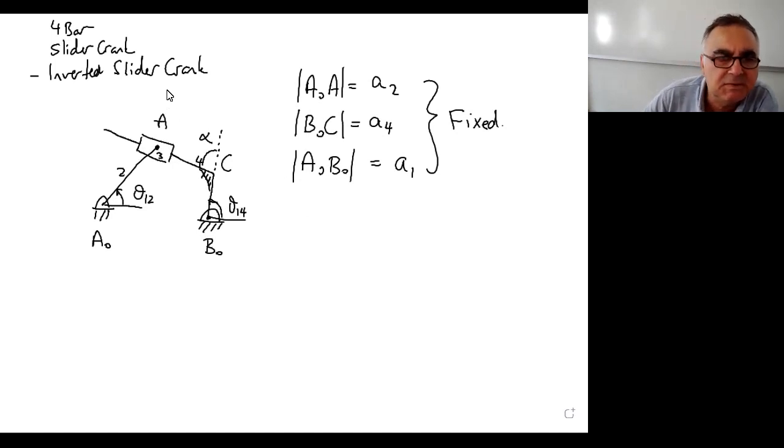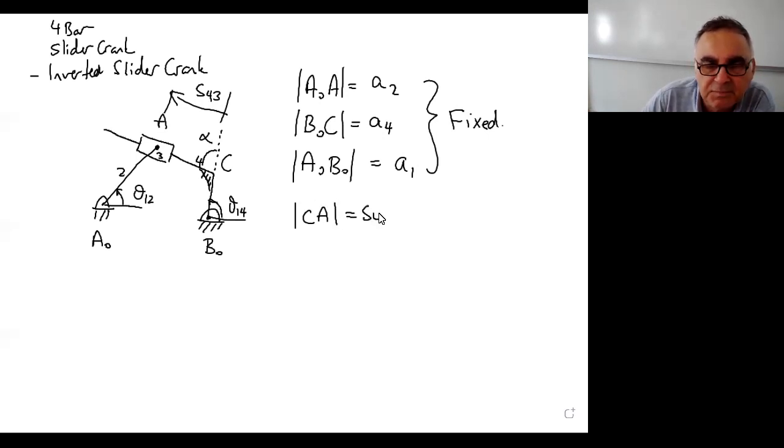This distance, AC, is a variable, as we see, and we call it S43, or we might call it S34. It is kind of the same thing. CA distance, S43, is a variable.